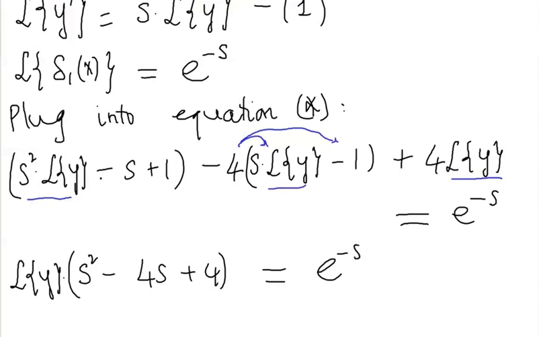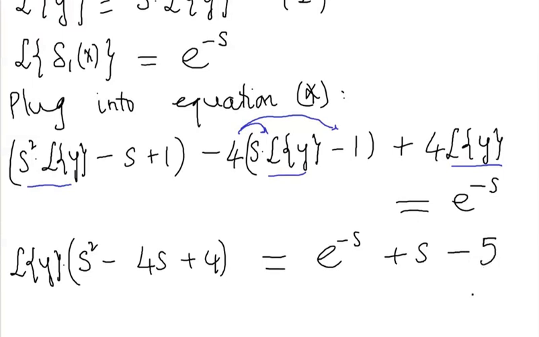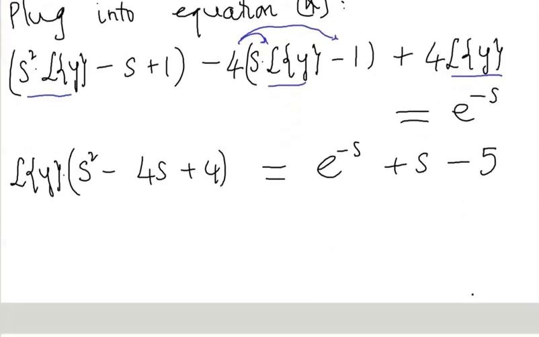We move to the other side, it becomes plus s, and then plus 1 and minus 4 distribute with negative 1, we have positive 4. So together we have positive 5. But when we move to the right hand side, it becomes negative 5. You may pause the video and try the algebra yourself.